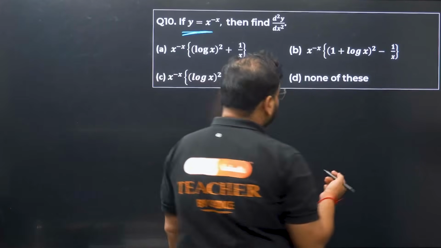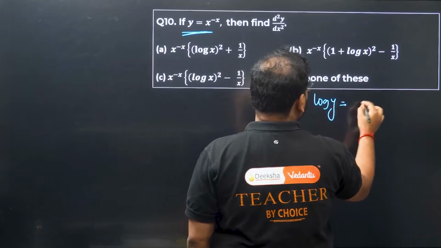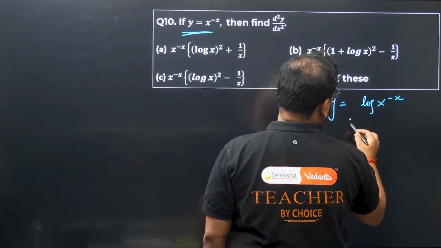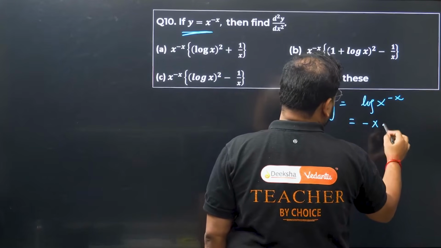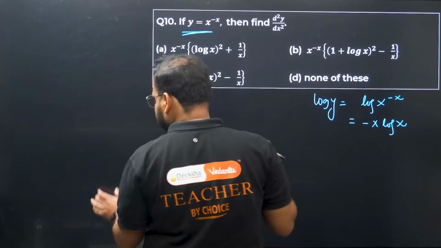Have a look. Take log y equals log of x power minus x, which gives me minus x times log x. That's my log y. Now next is differentiate.